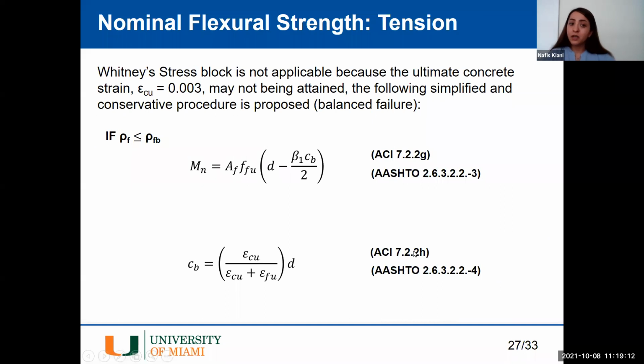In the case of tension control and tension failure, the stress block is not applicable because the ultimate concrete strain may not be attained, and so to simplify the design, a conservative procedure is proposed, and we are using the balanced failure.